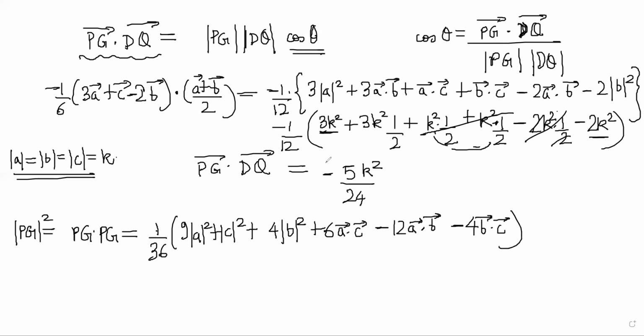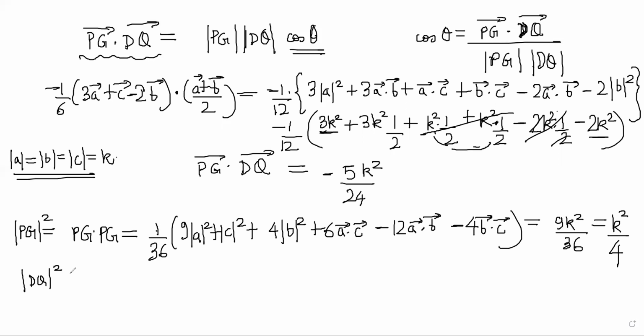So do the calculations in the same way like we did here, and what you get at the end of all of these calculations, which I'll not show here, will be 9k square by 36, which is k square by 4.